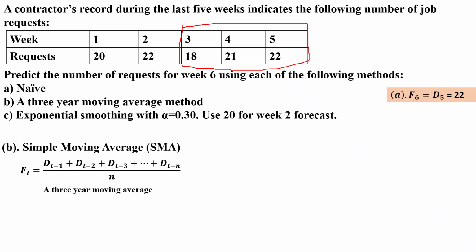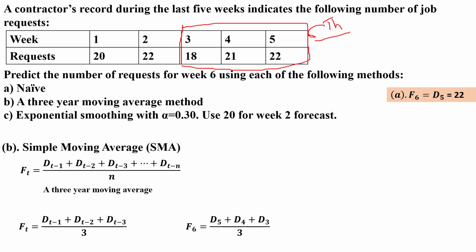We have to determine the 6th week forecast, that is F6. So F6 equals (D5 plus D4 plus D3) divided by 3, which is equal to 20.33.